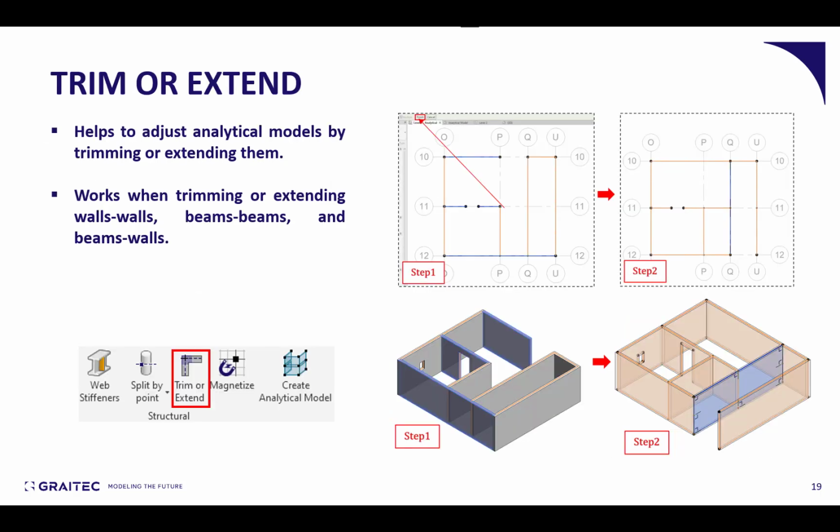And trim to extend is a tool we propose as well to automatically connect unconnected analytical members or panels inside Revit. There is also this command out of the box in the recent Revit version.